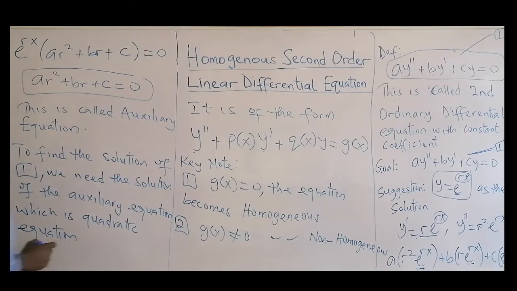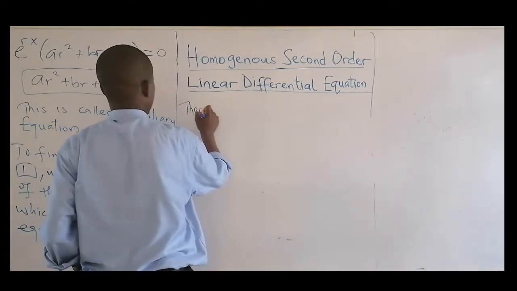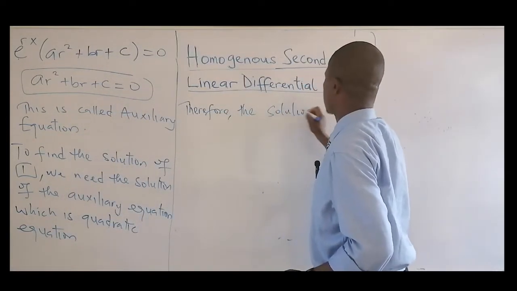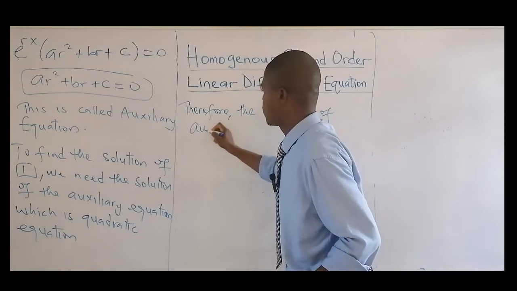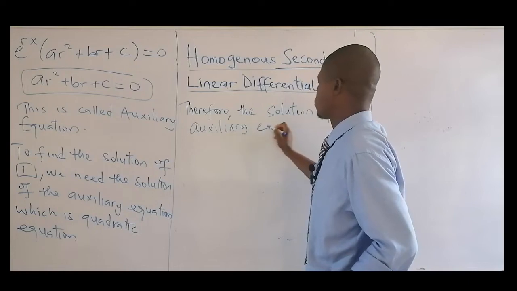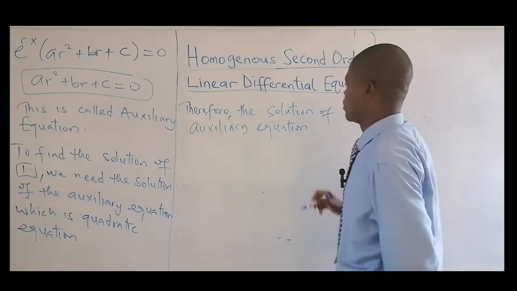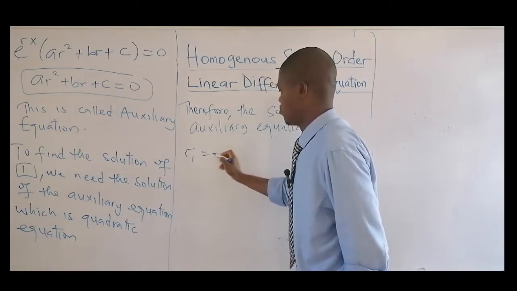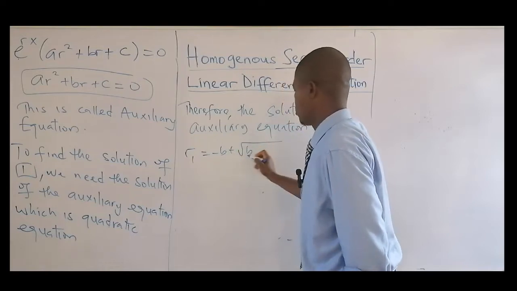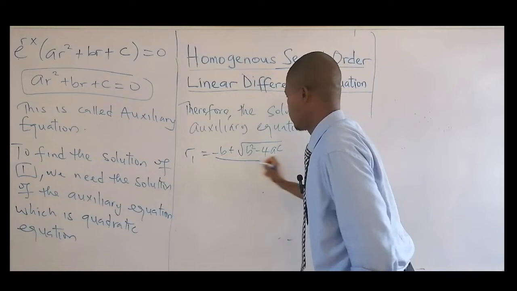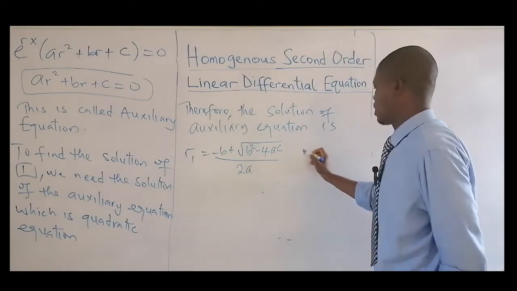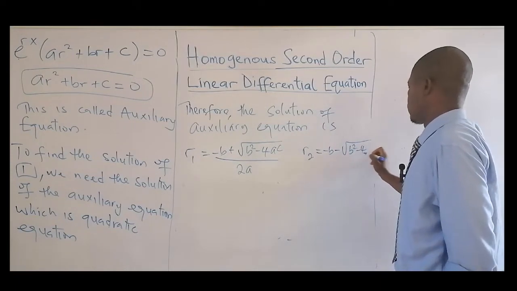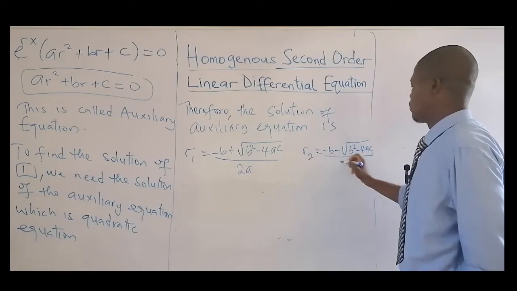And the solution will be what? The solution of the auxiliary equation: you can call the first one r1 equal to minus b plus the square root of b squared minus 4ac, over 2a.